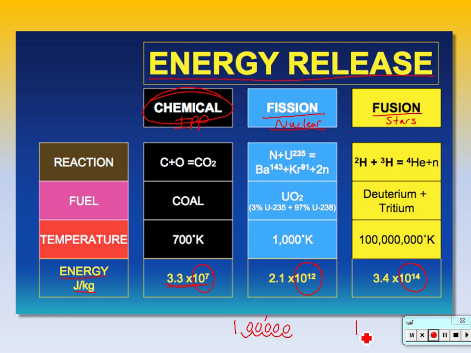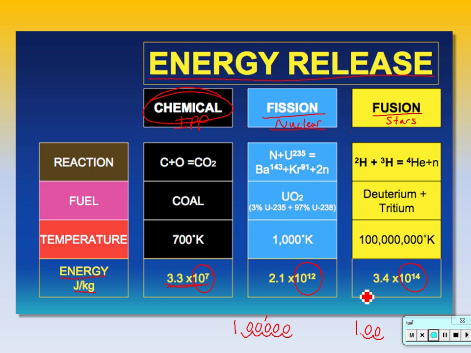So move it over 2 times. 1, 2. That's 100 times more powerful than fission. So in fusion, a lot of energy is released. Then why don't we have fusion reactors? Why don't we have fusion power plants?